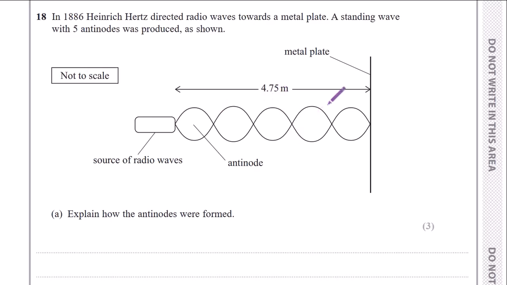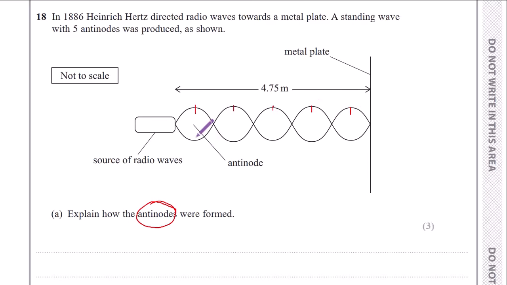So the transmitted wave and the reflected wave superpose. This gets you 2 marks. And now you need to focus on how antinodes are formed. These are the positions of antinodes, and antinodes are formed when the waves are in phase.